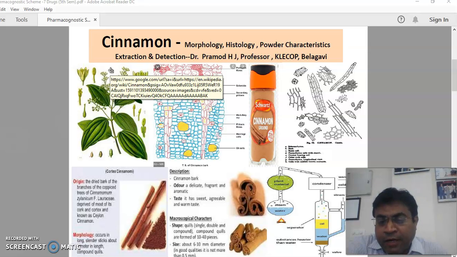Like that, the oil of this particular cinnamon drug is in very high demand in the international market, especially as the Southeast Asian countries are very rich in the cultivation of this particular cinnamon as a flavoring agent.